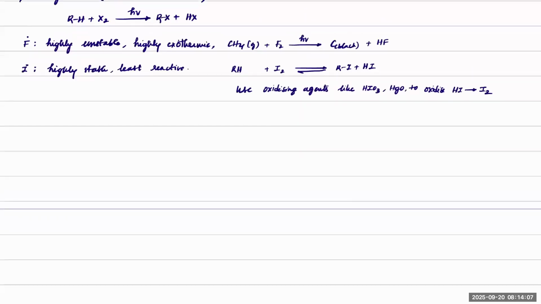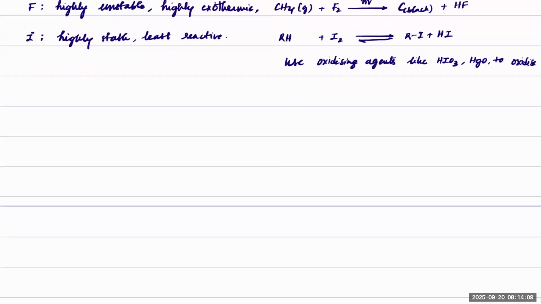While when it comes to chlorine radical and bromine radical, the Cl radical is less stable, highly reactive, but not as much as fluorine. But here is an important word that we use: it is less selective.